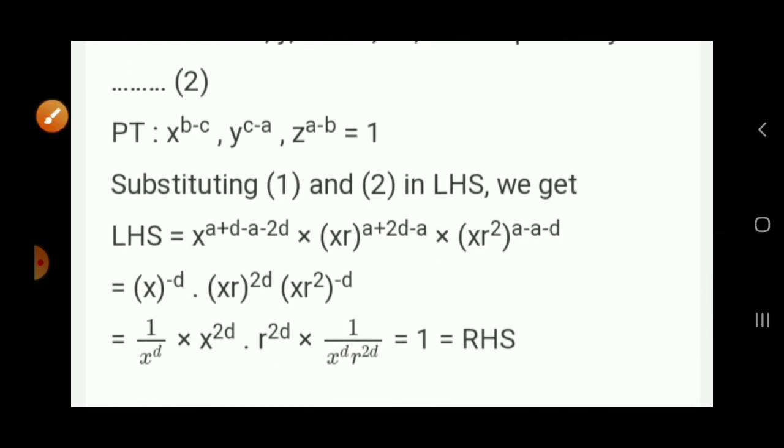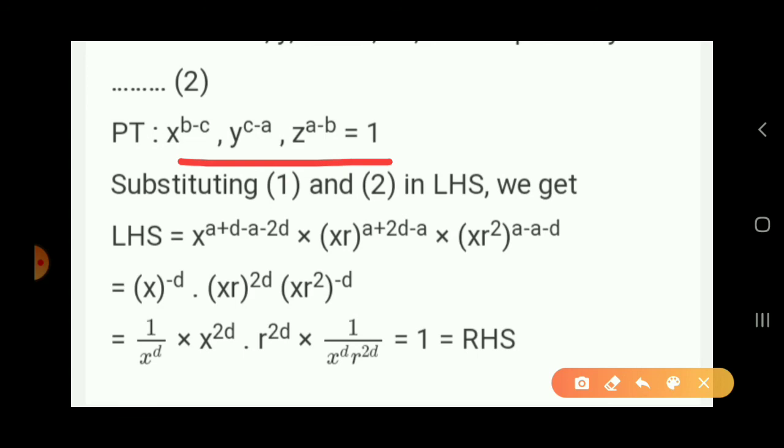So now we can see that x power b minus c, y power c minus a, z power a minus b equals 1.